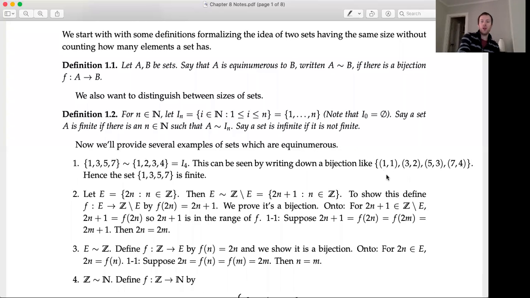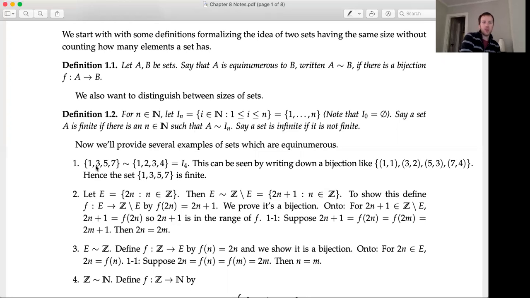It's 1 to 1 because if you take any two inputs, they have different outputs. And it's onto because 1, 2, 3, 4, each of those appears in the range. So these sets are equinumerous. And then from this definition, we can say that {1, 3, 5, 7} is finite, which is what we would expect, but we've shown that from the careful definitions we've laid out.